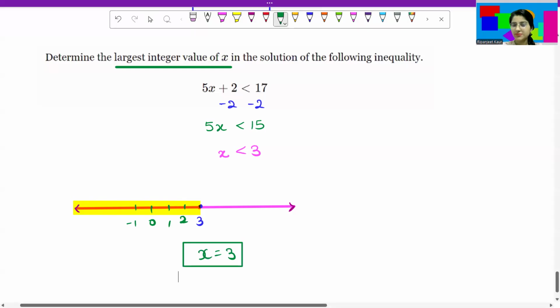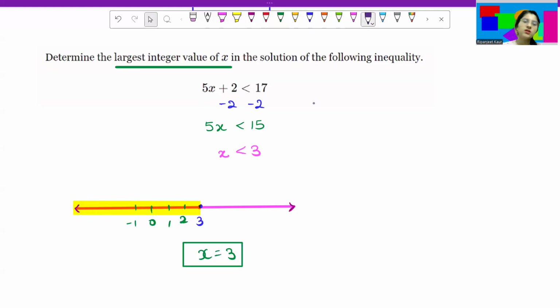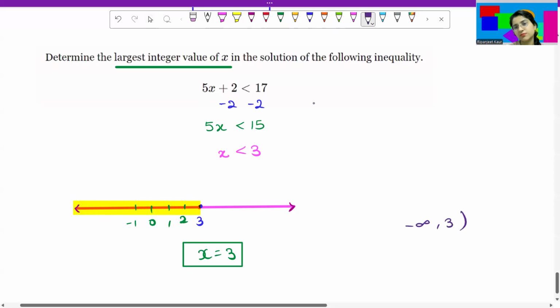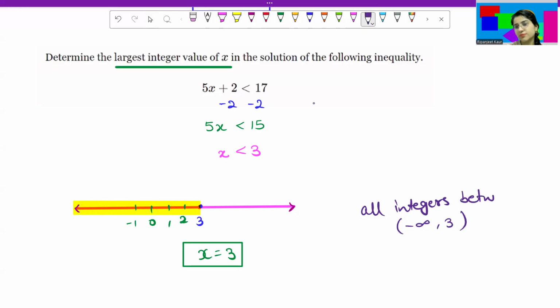Any questions here? What happens if it were to say the smallest? Smallest would be all the integers lying between negative infinity and 3. How would I put in the answer in Delta Math?